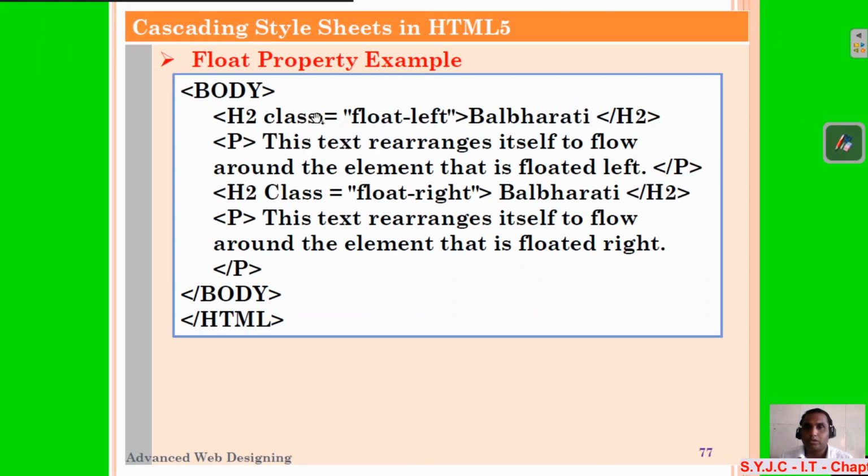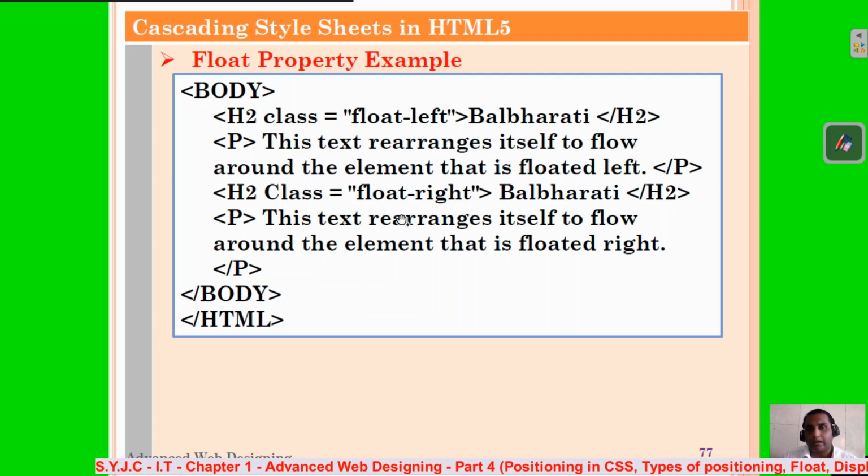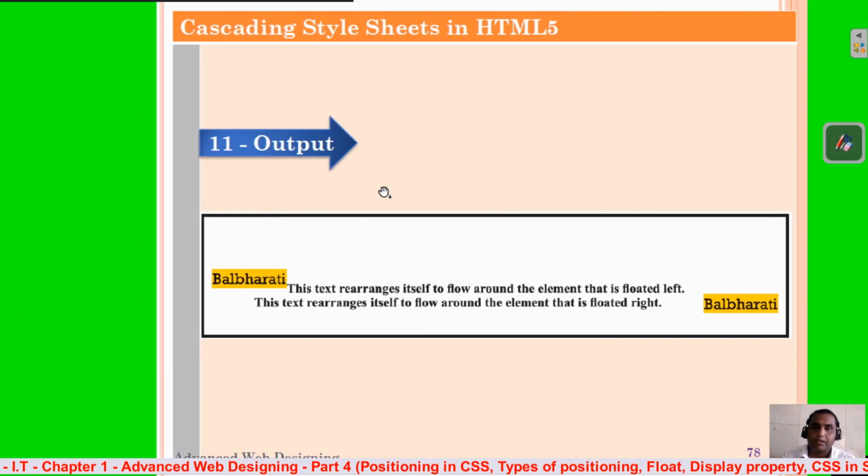Now here I am using those styles. See, h2 class. For h2 I am using float left. Again another h2 I am using float right. So this Balvati over there will be floated to the left side of this paragraph, and again right. This Balvati will be floating to the right side of this paragraph. The output will be something like this.